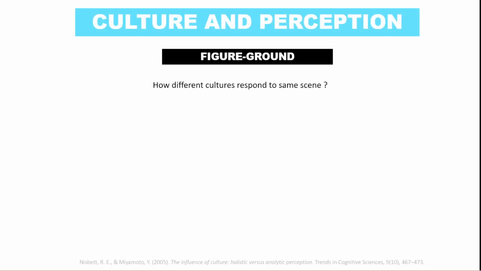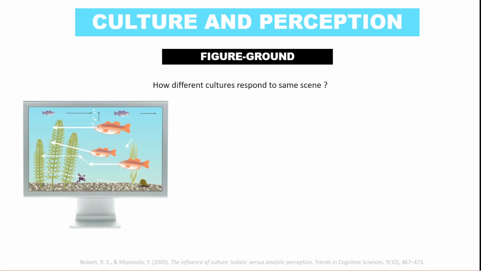Figure ground: how different cultures respond to the same scene, which is first, which is behind, which parts of the whole picture are given more attention. There is a video clip of an aquarium where different objects are there, like stone, grass, fishes, a frog and a snail, and they are shown the clip where everything is moving.